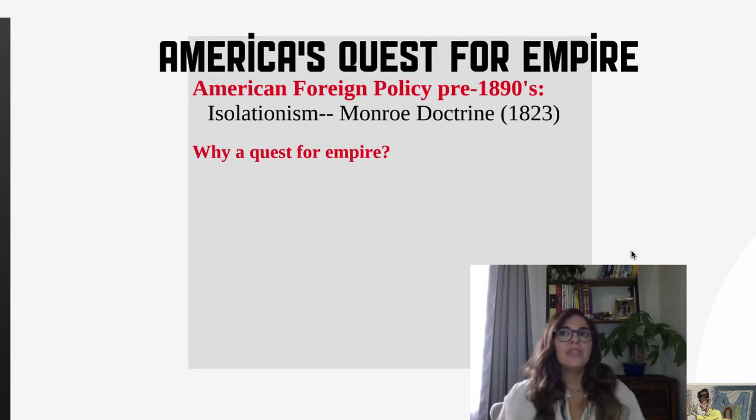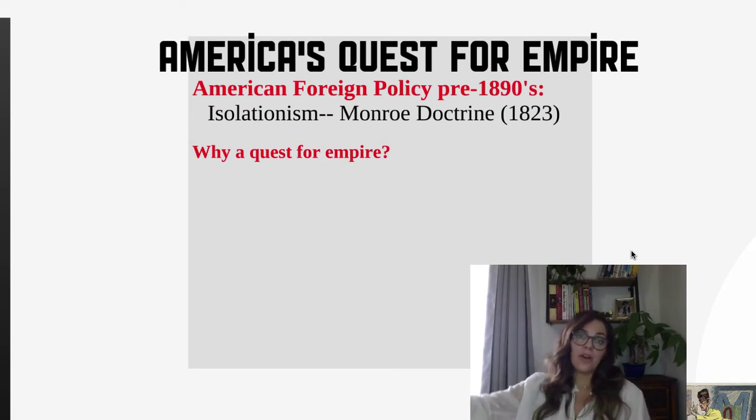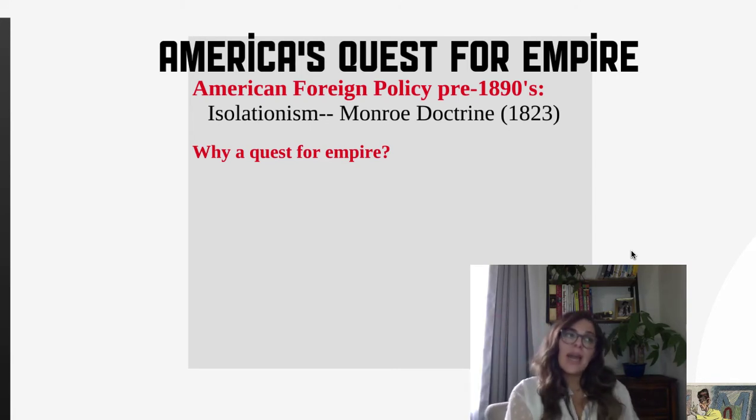And the other thing, too, is Europe was war after war after war, and the U.S. needed to stay out of it completely. So this was about self-preservation. This was basically the U.S. declaring that we are going to stay out of Europe, but that Europe also needed to stay out of our realm, our side of the Western Hemisphere.